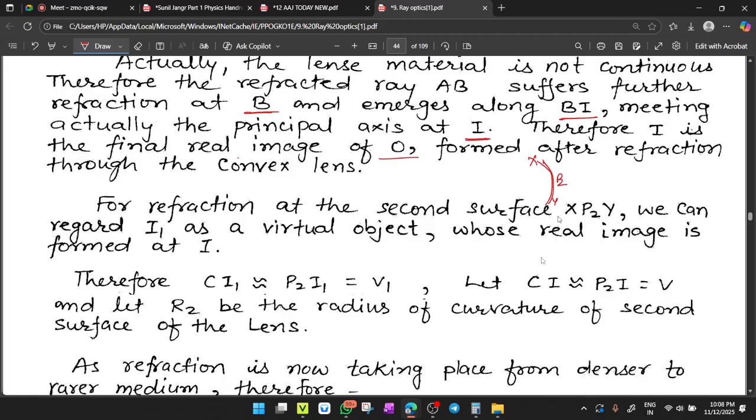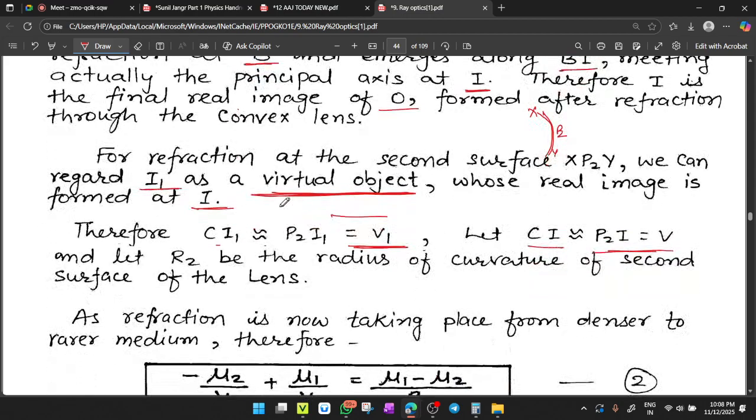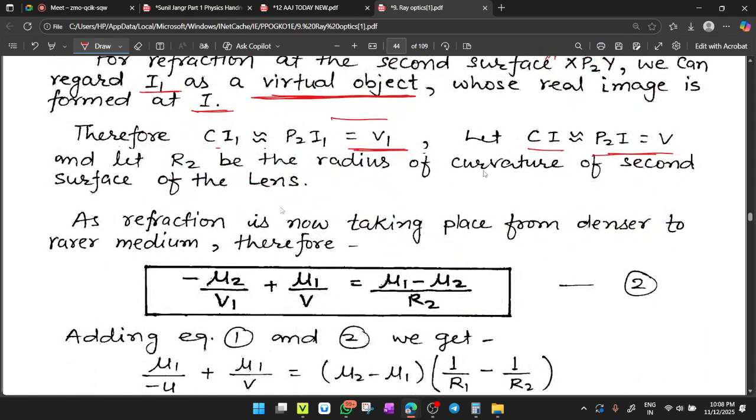For the second phase x p2 y, we can regard I1 as a virtual object. Important: this I1 is a virtual object whose real image is formed at I. CI1 equals V1, that is your object, and let CI equal P2I, that is equal to V, and let R2 be the radius of curvature of the second surface.